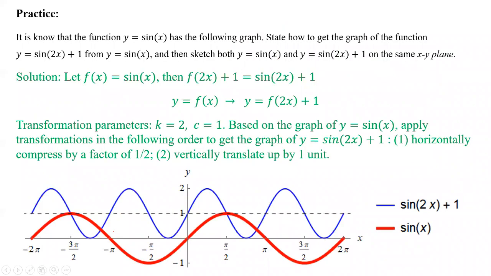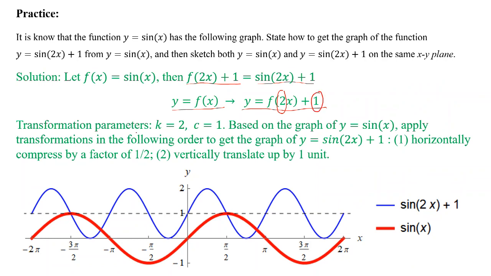Okay, so this is a nicer way to write the whole solution. As we have discussed, if we let f(x) equals sine x, then f(2x) plus 1 equals sine 2x plus 1, right? So the transformation is from y equals f(x) to y equals f(2x) plus 1. The two parameters are k equals 2 and c equals 1.